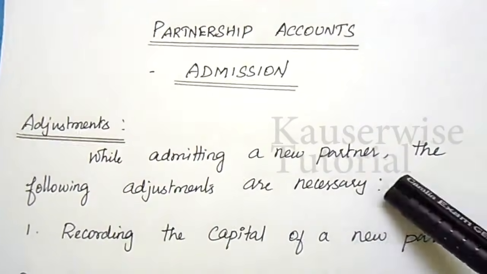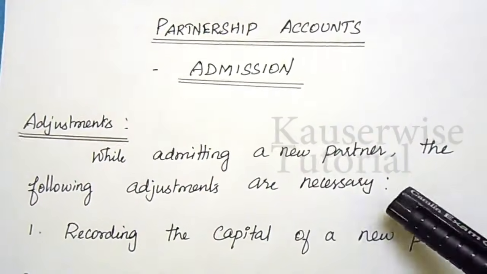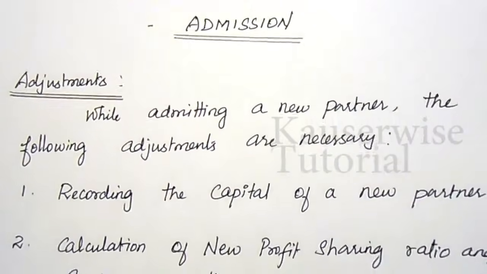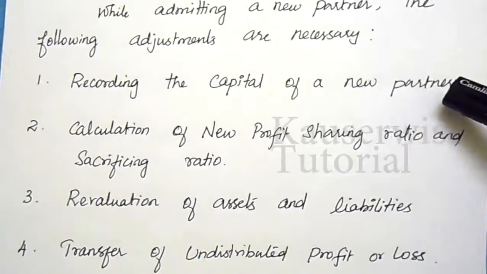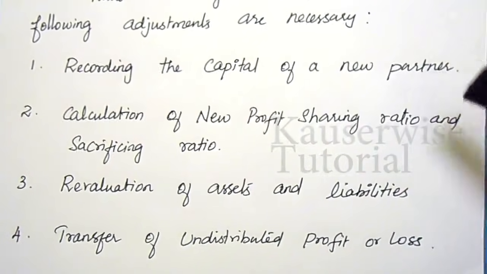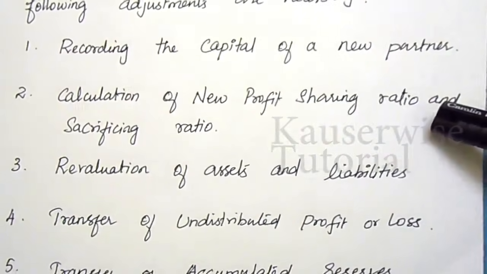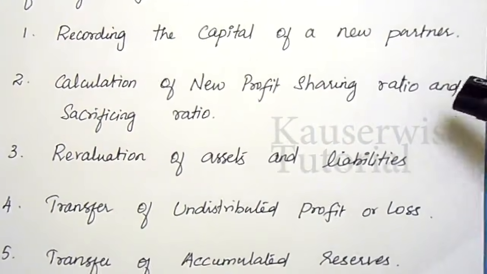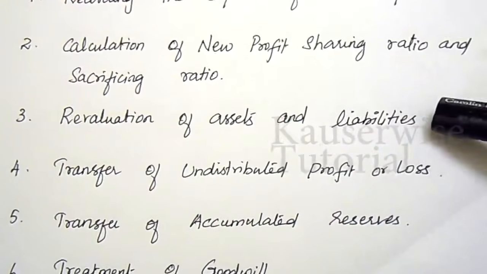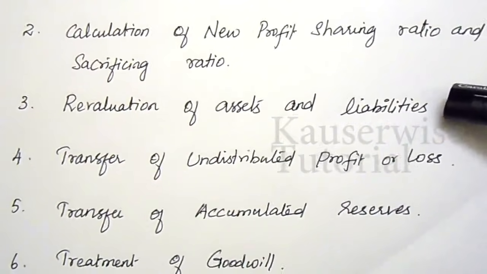While admitting a new partner, the following adjustments are necessary. The first one is recording the capital of a new partner. Second, calculation of new profit sharing ratio and sacrificing ratio. Third, revaluation of assets and liabilities.